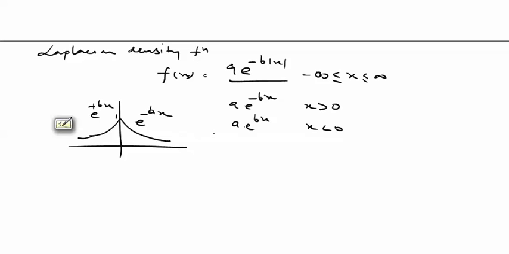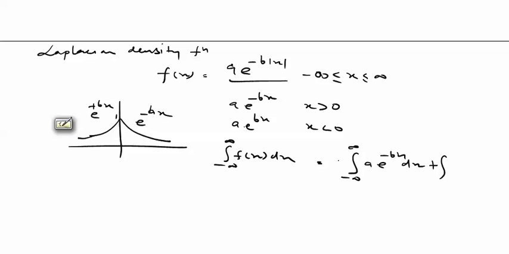To make it a PDF, we have to solve this integration. If we solve these two terms, the limit is now squeezed. The first portion is 0 to infinity, and the second portion limit is minus infinity to 0, e power bx dx.